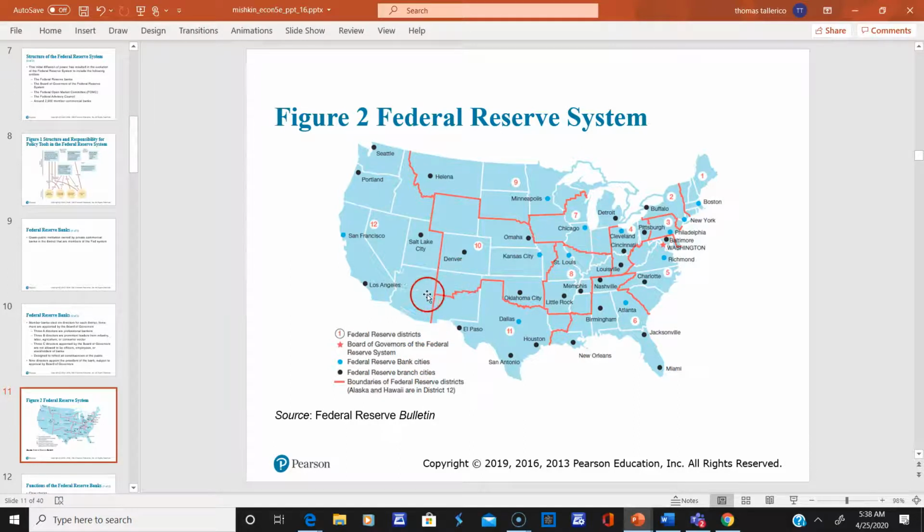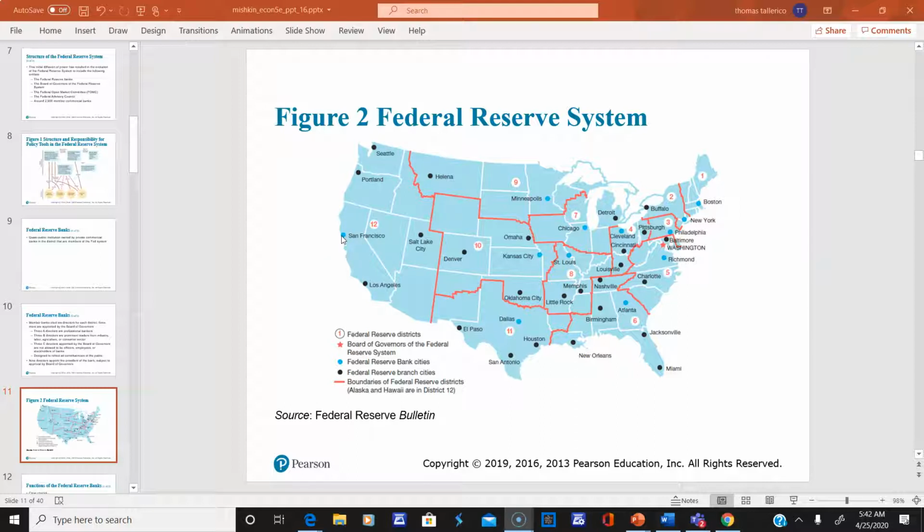So here are the Federal Reserve branch cities. And here are the boundaries of the Federal Reserve districts. So again, looking at this chart, you'll notice here's where the Federal Reserve Bank is. This is the Federal Reserve Bank, okay?